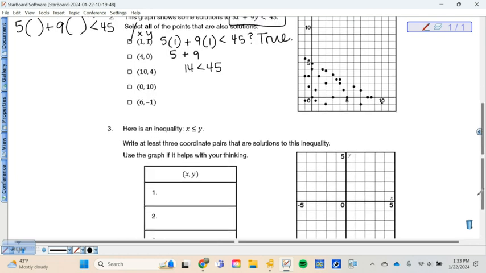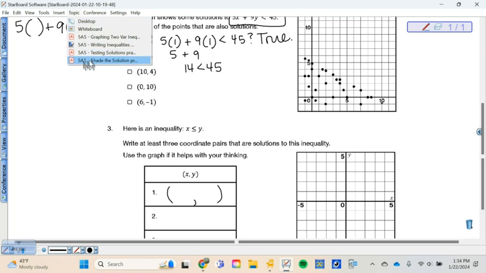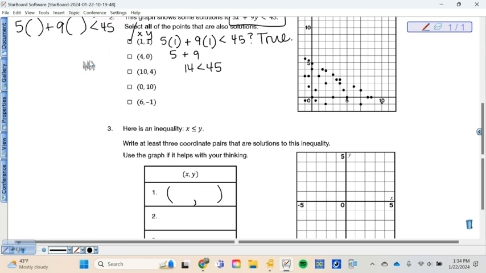It just says x is less than or equal to y. And it wants you to come up with 3 pairs that would be a solution to this. So it's just the first number needs to be less than or equal to the second number. That's it.